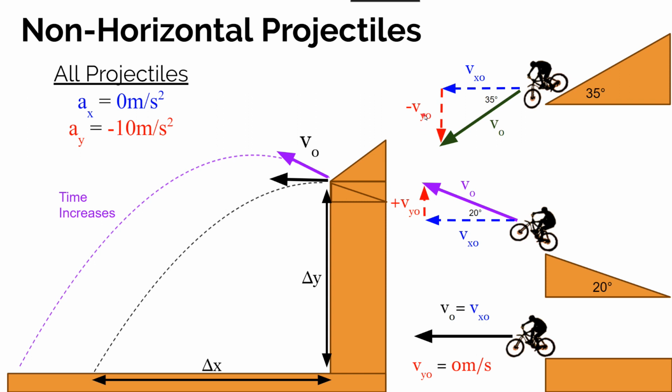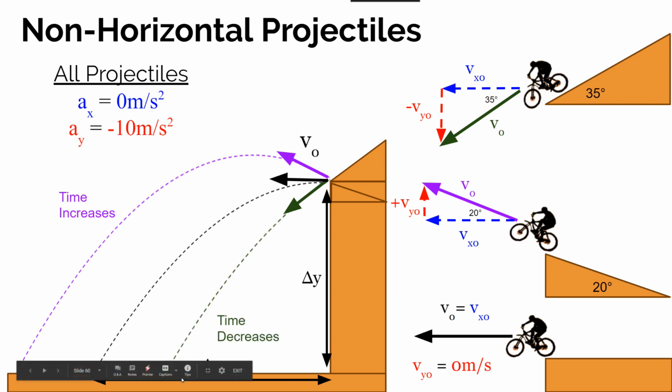And if you throw something downward, it's going to take less time to hit the ground below or have its vertical displacement. And so if we're talking about the path that it follows and the amount of time that it spends in the air, it's going to follow a path something like this. And it's going to take less time to hit the ground because it's already moving down vertically once it leaves the edge of the cliff.